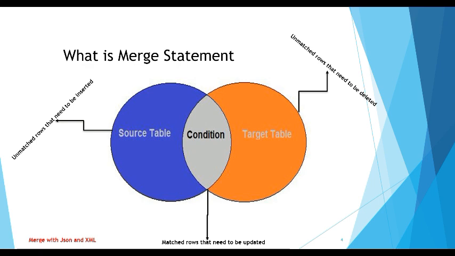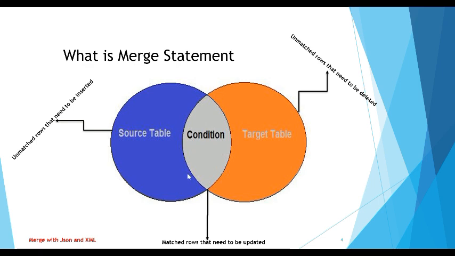I repeat, the source table has some rows that do not exist in the target table; in that case, you need to insert those rows into the target table from the source table. Second, the target table contains some rows that do not exist in the source table, and those need to be deleted from the target table.